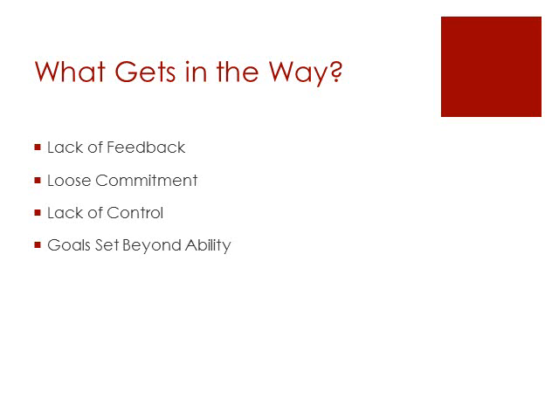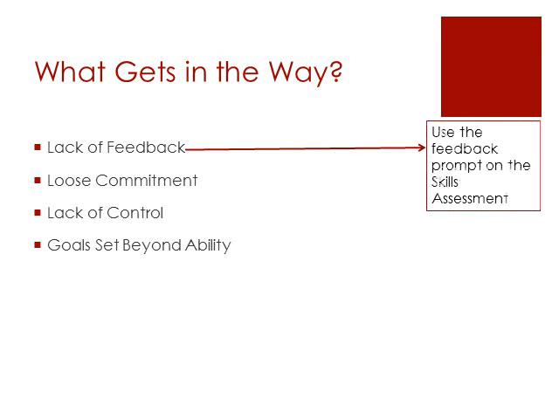So, in each of these areas, I've done some things to help you. The first, on feedback. There's a feedback prompt on the skills assessment form on part 2, and that is there so you have to talk to your supervisor about a concrete, recurring feedback mechanism.